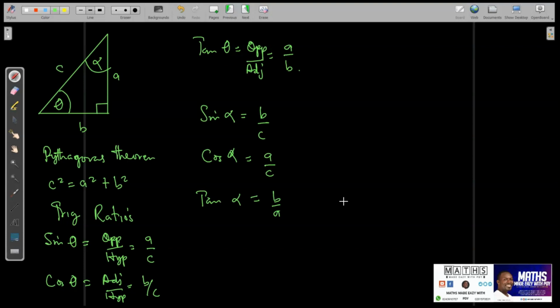Exactly. It's the position of the angle that determines which side is opposite and which side is adjacent. Then you have to look out for them and use them. That's all.